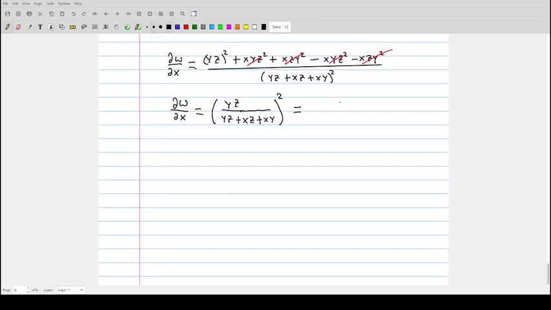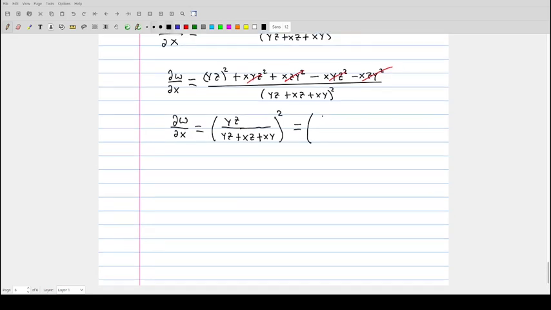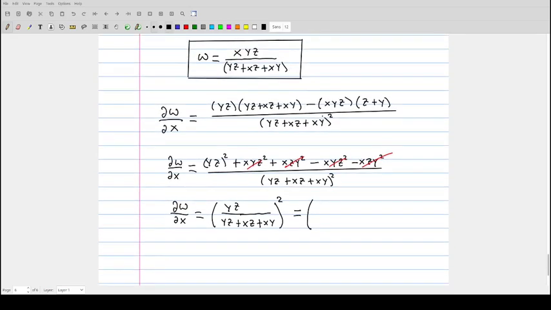If you plug that in to verify this, remember we solved for w as xyz over yz plus xz plus xy.